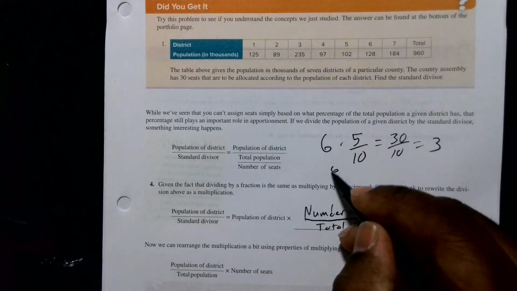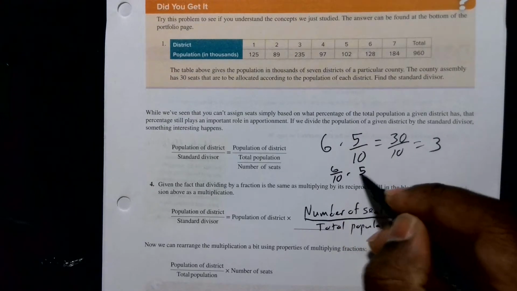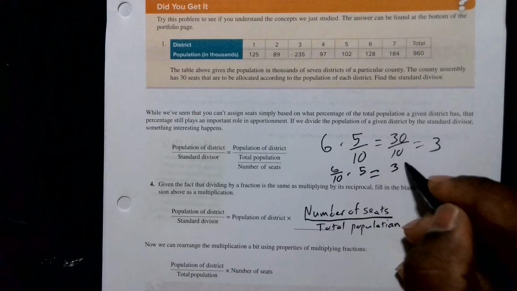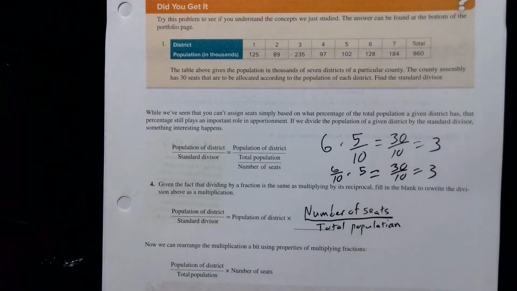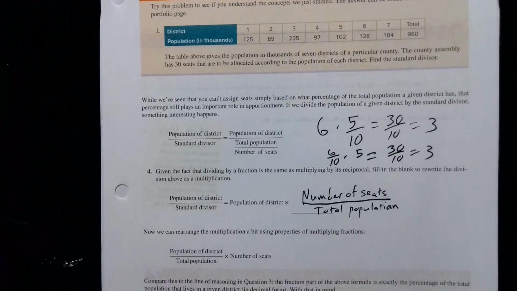We can make this 6 over 10 times 5, and that would still give us 30 over 10, which is 3. So, shifting the denominator does not change the value of the problem, which is what they did here. They took the population of the district and put total population below it and times number of seats. So the problem has not changed.